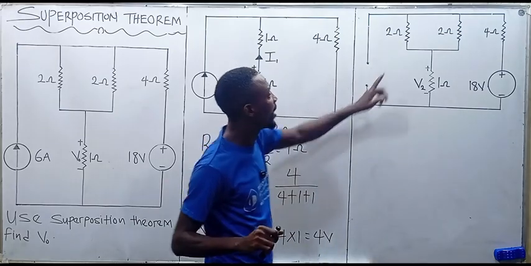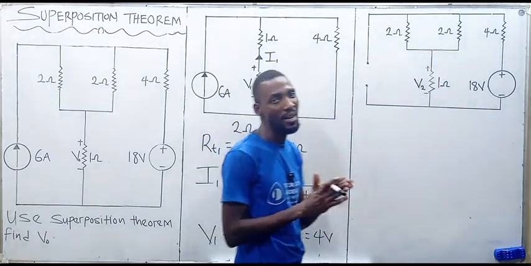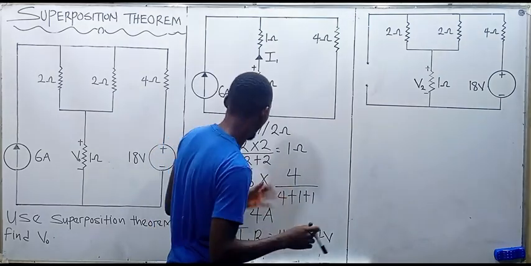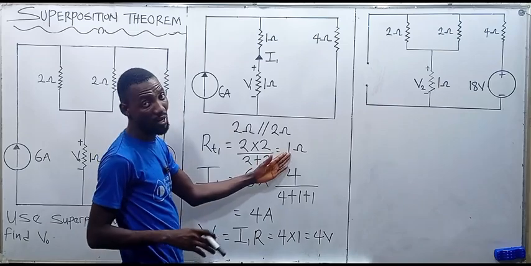Now again, if you look at these 2 ohms and these 2 ohms, they are still in parallel. When we combine the 2 of them, their effect is what? 1 ohm, right?